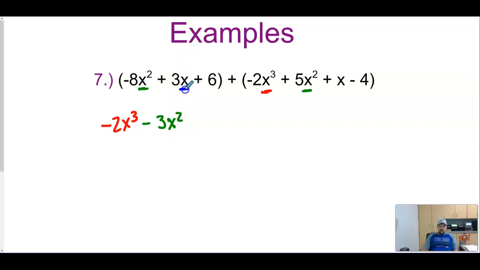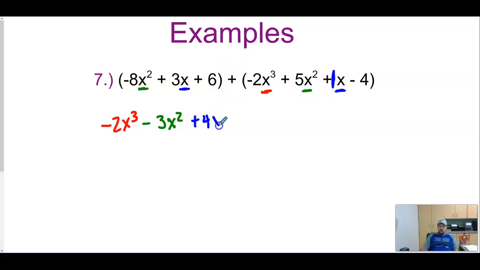Okay, just plain x's, or x to the first power. It's the same thing. I have one right here and here. So I have 3 plus, now this is just an x, so remember what number's out in front. Whenever you just have a variable by itself, there's always a 1 attached to it. So we got 3 plus 1, which is 4.